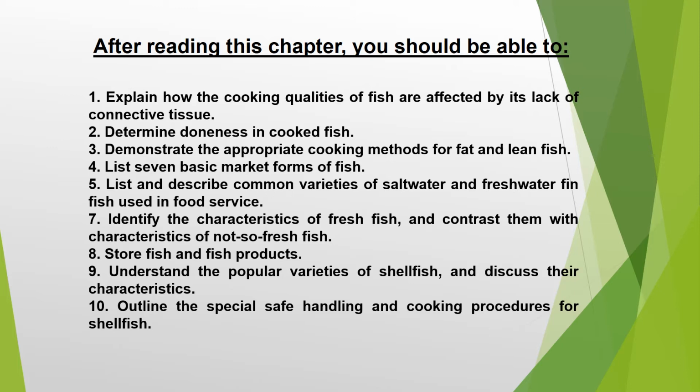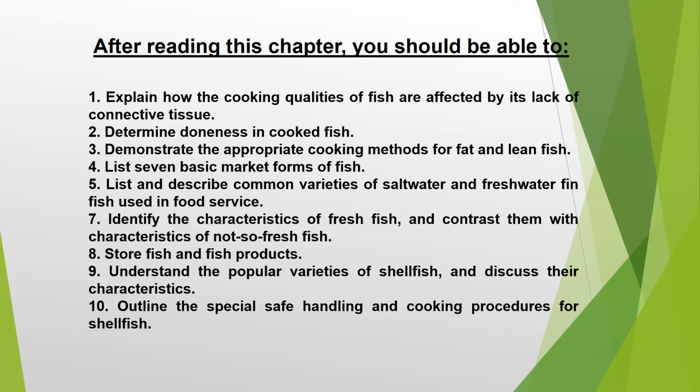Demonstrate the appropriate cooking method of fat and lean fish. There are two types of fish, known as the white fish and the blue fish. The white fish are the ones that have the fat in their liver, and the blue fish are the ones that have the fat in their flesh. Examples of blue fish are salmon and tuna.